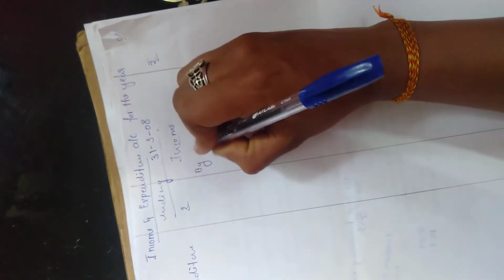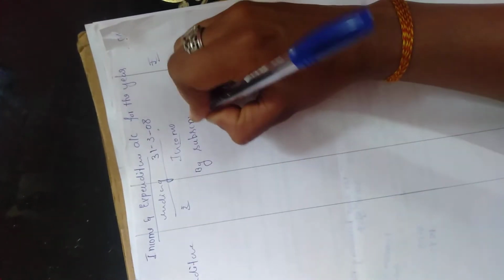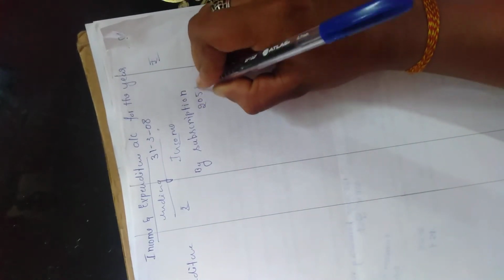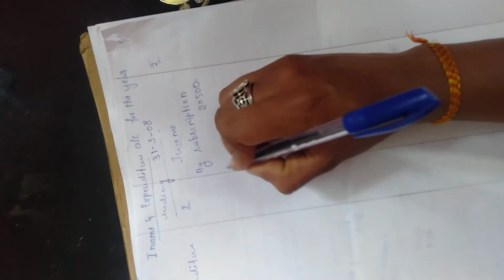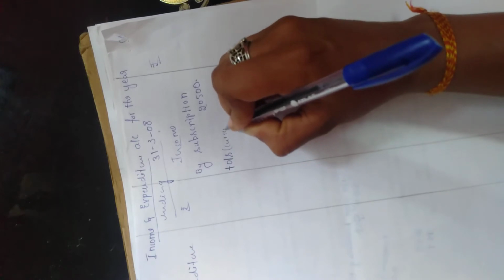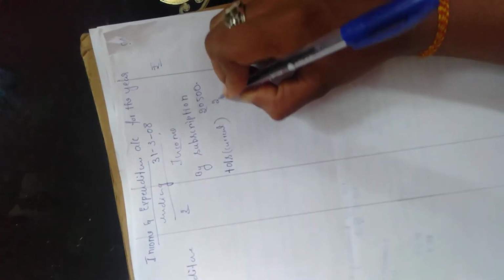By subscription. The subscription amount is 20,500. But they have given the adjustment that 2,000 is outstanding for this particular year. So outstanding for this particular year needs to be added, right? Current year outstanding, that is 2,000.